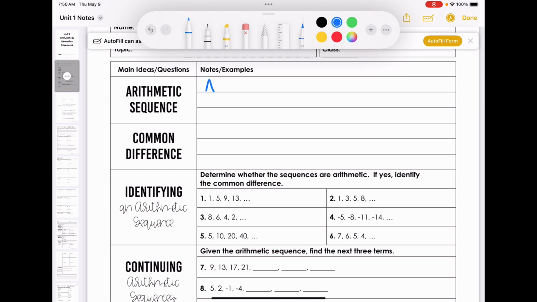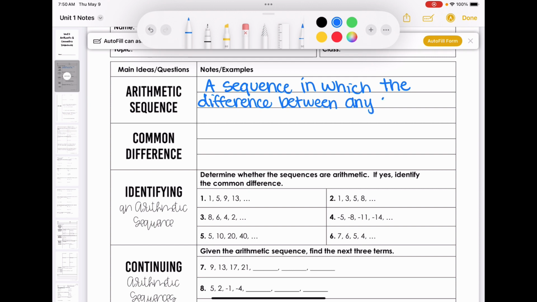So it is a sequence in which the difference between any two consecutive terms is constant.